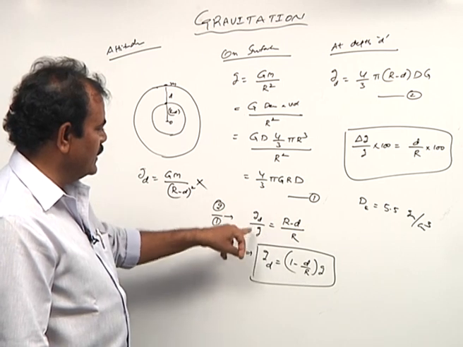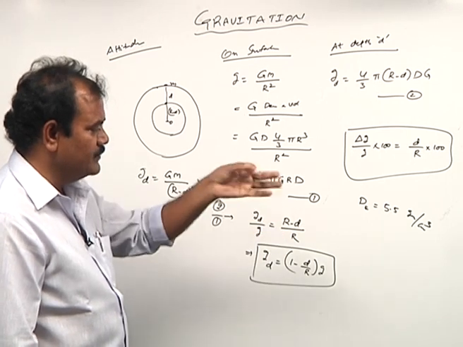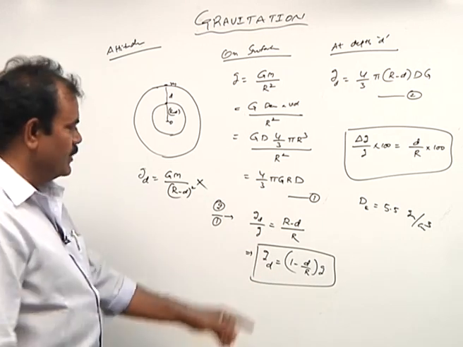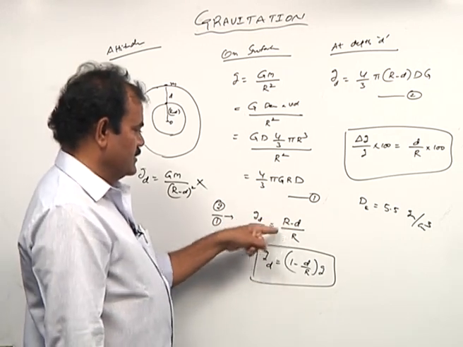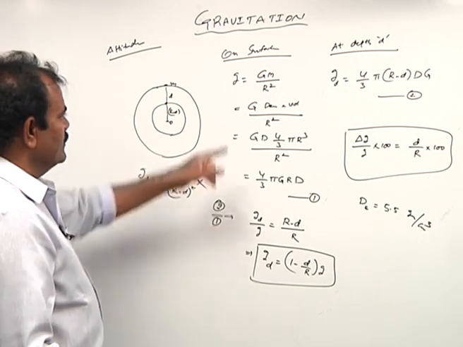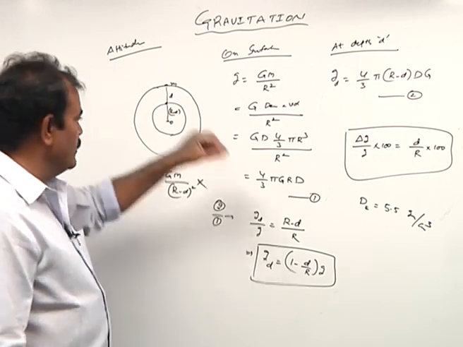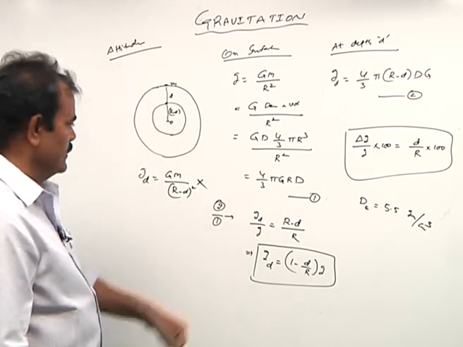Here small g is taken in terms of the distances from the center of the earth. So we have avoided the mass effect here, because the effective mass is continuously changing when the body is going deeper into the earth.